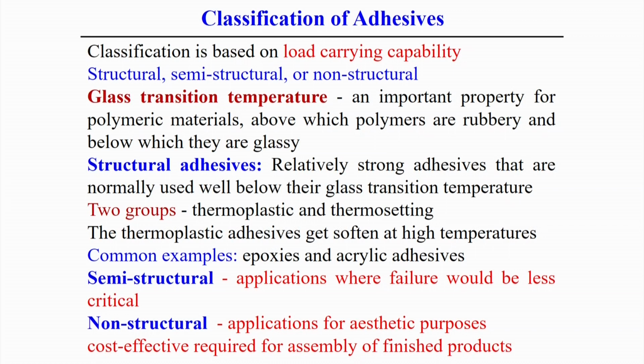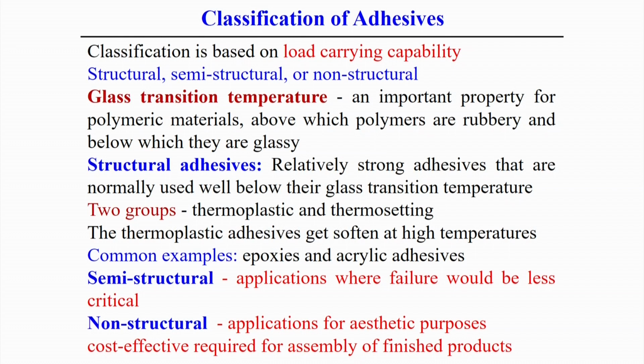If we look at semi-structural, this is for applications where failure would be less critical, so we can use semi-structural adhesives or semi-structural joints. For non-structural, the strength is not important; the application is done for aesthetic purposes.